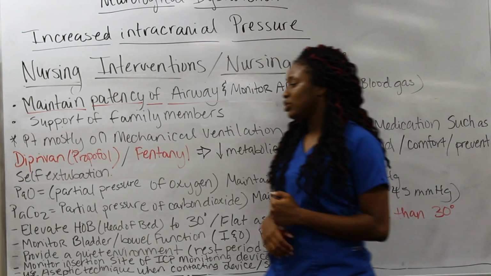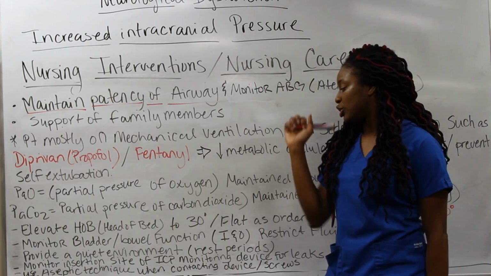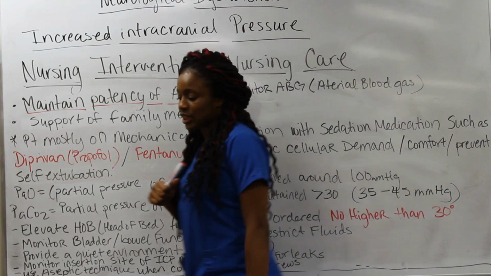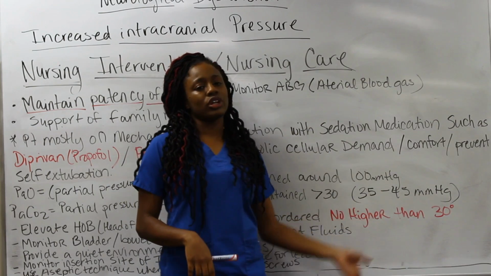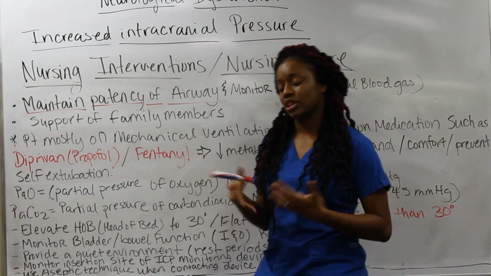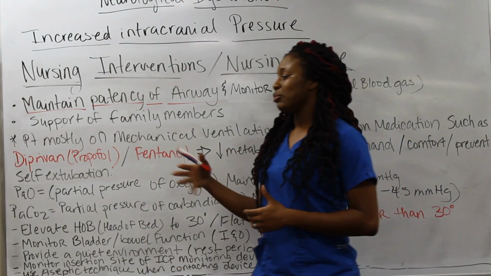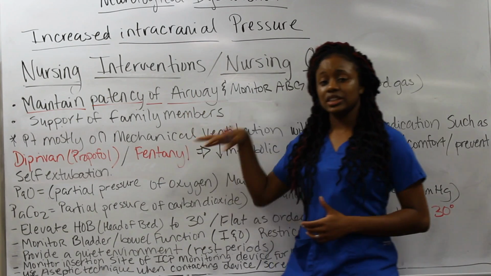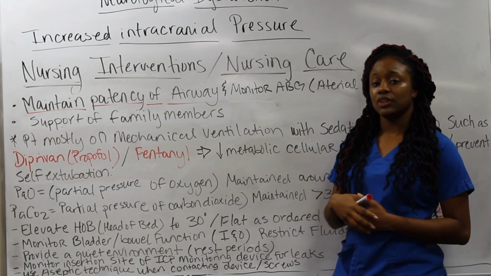The next thing is PaCO2, the partial pressure of carbon dioxide, and you want to maintain that greater than 30. The range is 35 to 45, but whatever you do, make sure it's greater than 30. And you have your respiratory therapist here to make adjustments in the vent settings if needed to get this level to a therapeutic level.